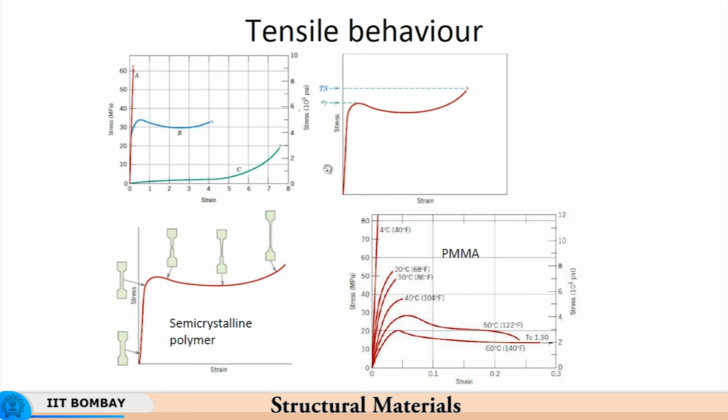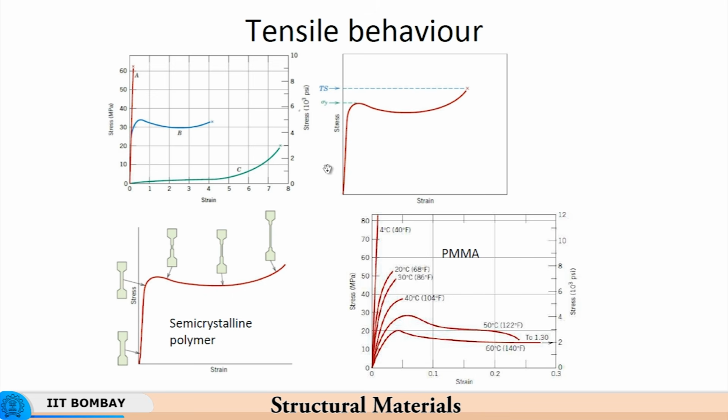In B, the material is able to flow. The polymeric chains get displaced with respect to each other, and C is the actual polymer behavior, which is shown over here. So the yield point in the tensile behavior is shown like here. Yield point is determined like that.